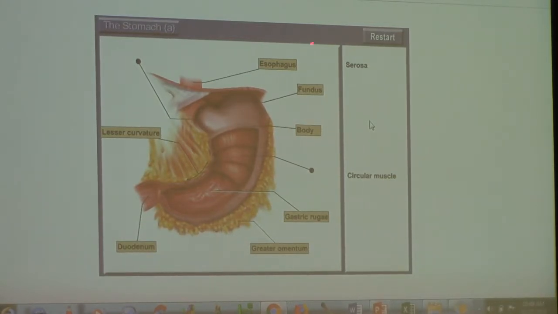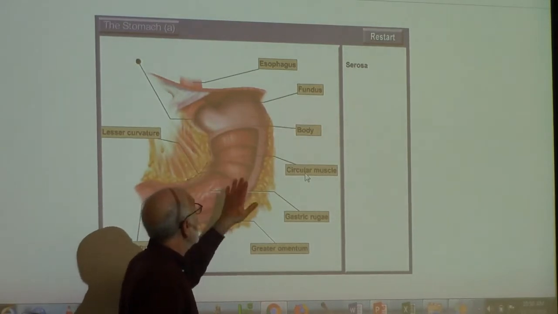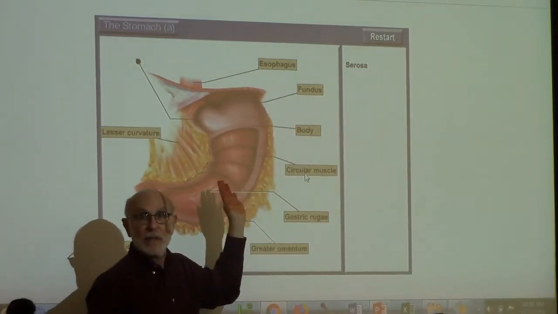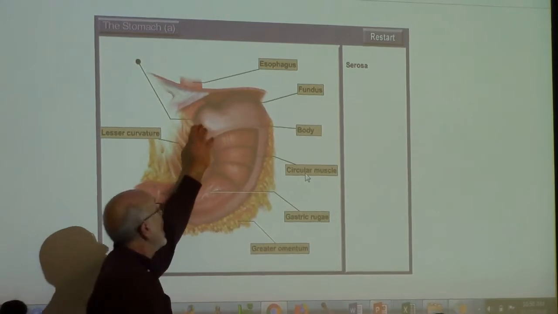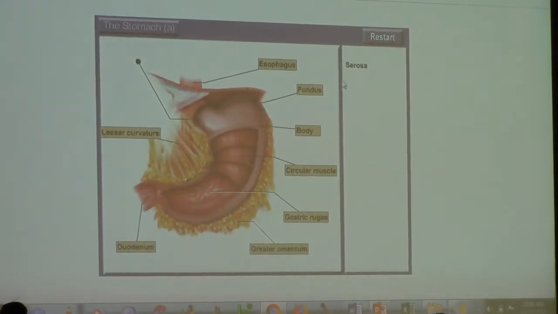We've got a 50-50 choice here. Yeah, this is the circular muscle. So we have layers of muscle: longitudinal, circular, and oblique. This is the circular muscle. And what this is pointing to is the outside, it could have pointed anywhere here, is the serosa, the name of the outer layer of the stomach.